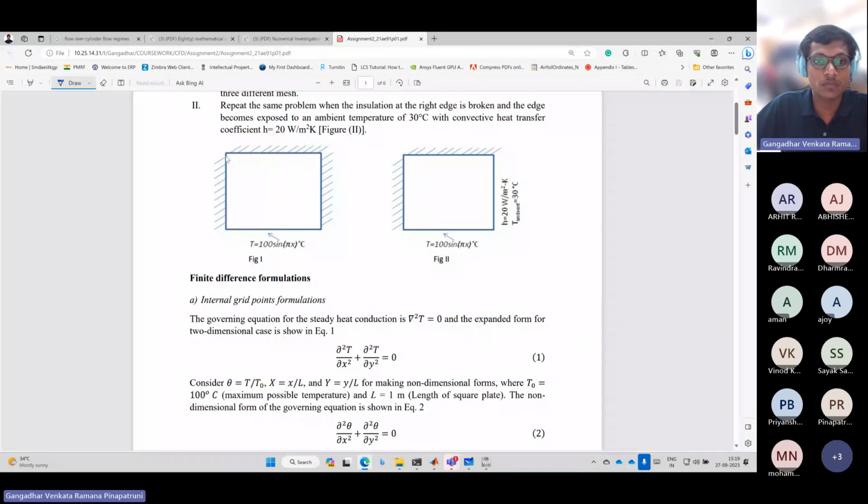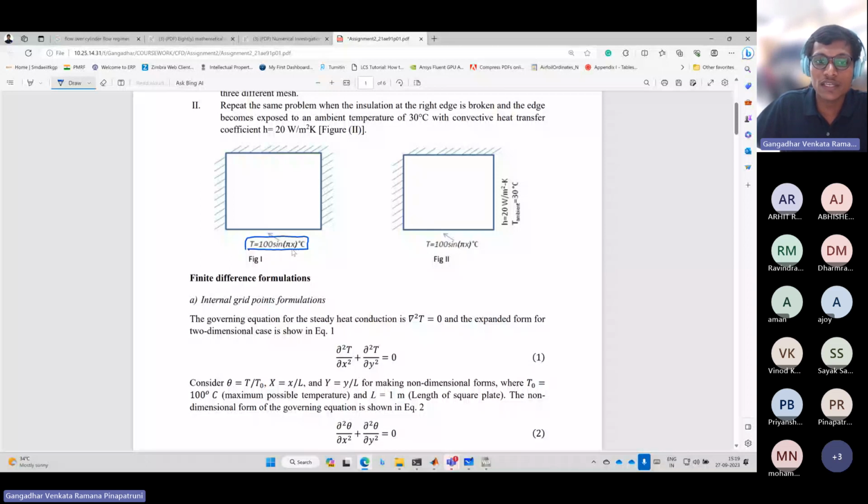So here I have some metal plate, and that metal plate is insulated with some material, any material that we have. And here I have a temperature given as a function. One particular edge of the metal plate is exposed to some heat source.